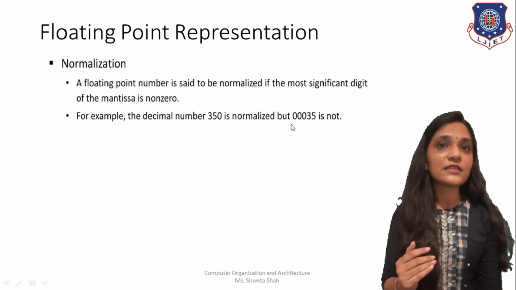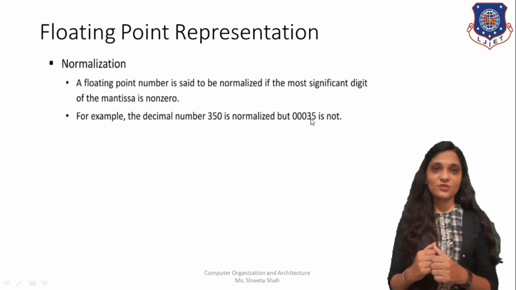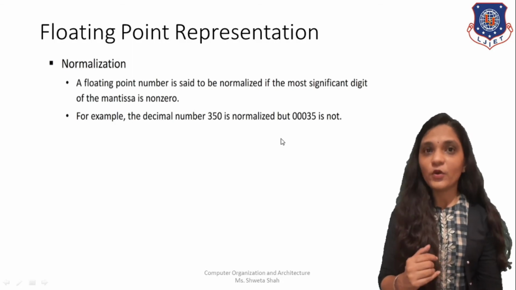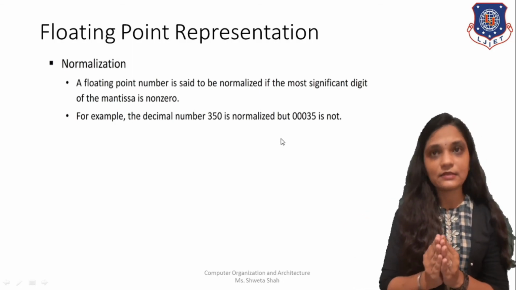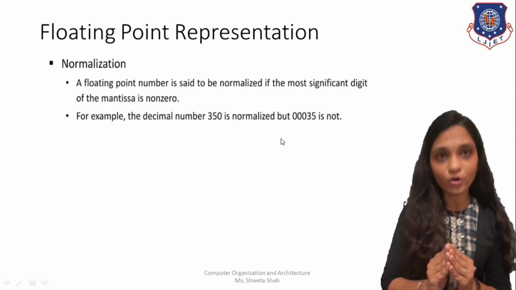But the number 00035 is not normalized because its most significant digit is 0. So first we need to check whether your number is normalized or not.